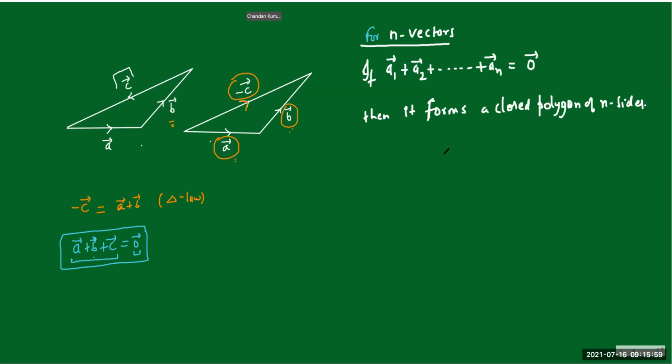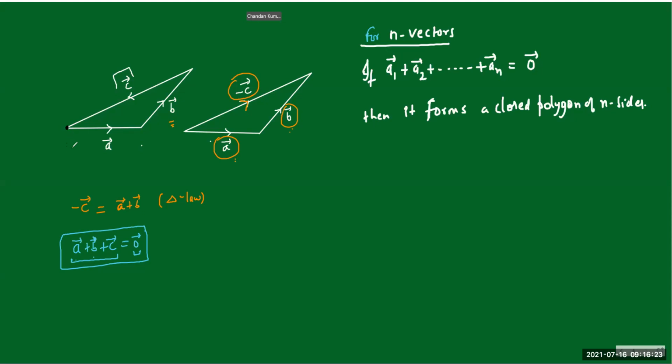Someone wants to say something? Sir, but in the first diagram, it is wrong, no? In the first diagram, the last vector coincides with the tail of the first.